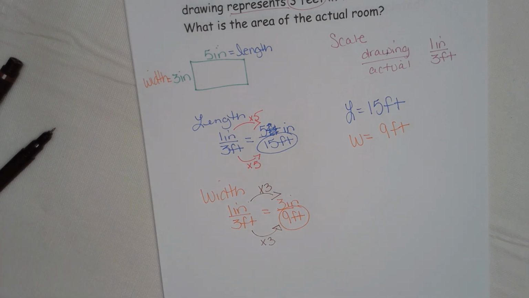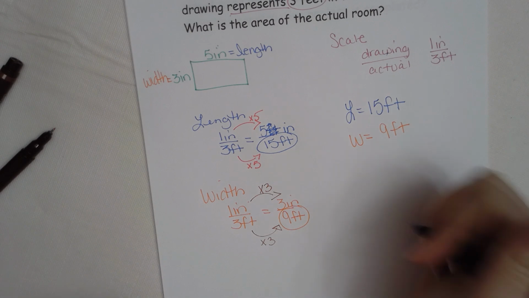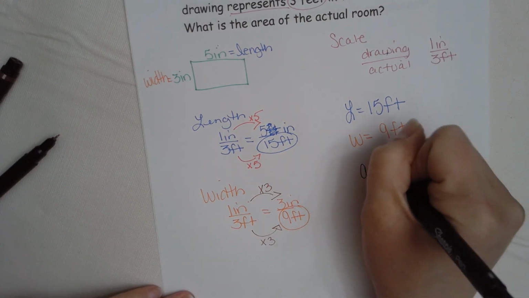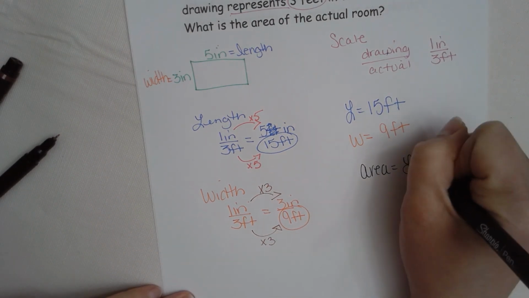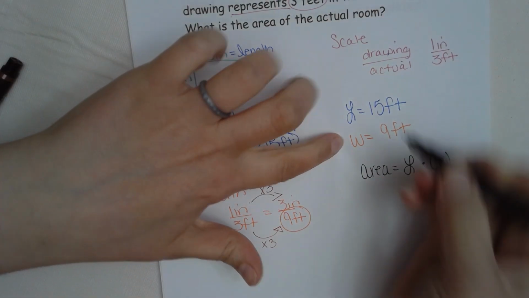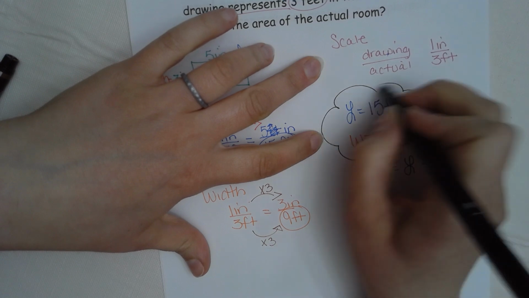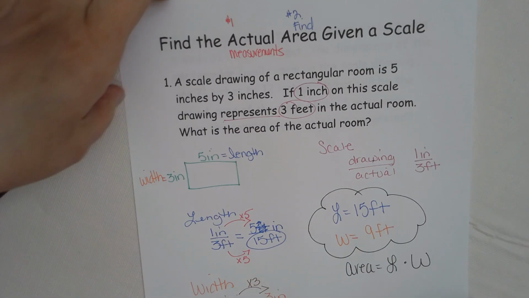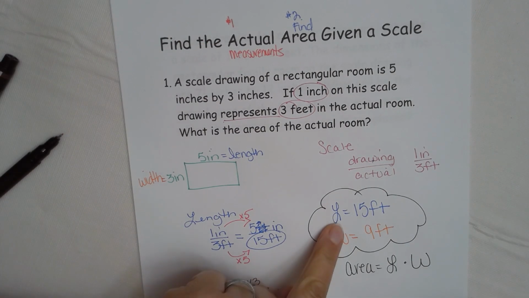Now we're looking at a rectangular shape. And to find the area of a rectangular shape, we know that area equals length times width. So we found the actual measurements here, and now we're going to find the area.